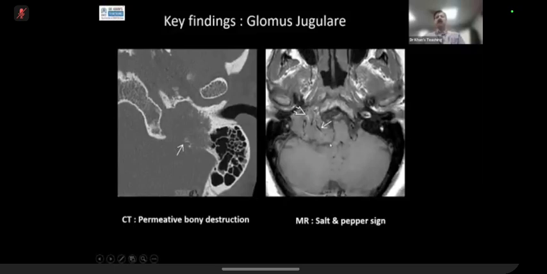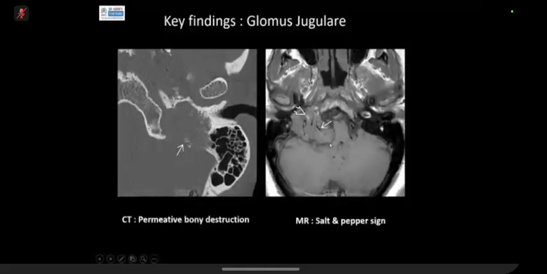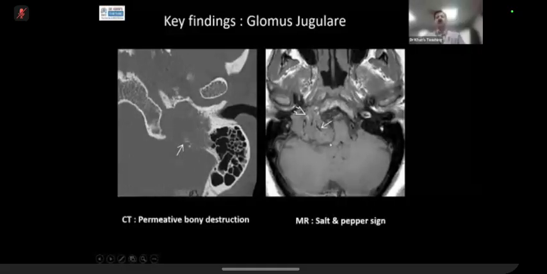On an MR, there is another sign, and we call it salt and pepper sign. Usually, it is seen in a glomus tumor which is more than 2 centimeter in size. Basic concept is that glomus tumor is extremely vascular. So on a non-enhanced T1 weighted sequence, please remember, non-enhanced T1 weighted sequence, you can see a salt and pepper sign. What is salt and pepper sign?